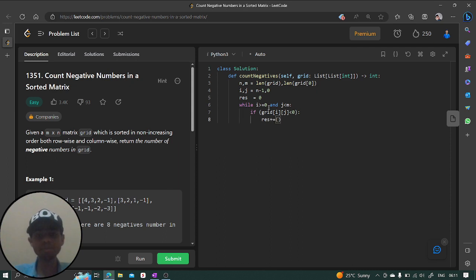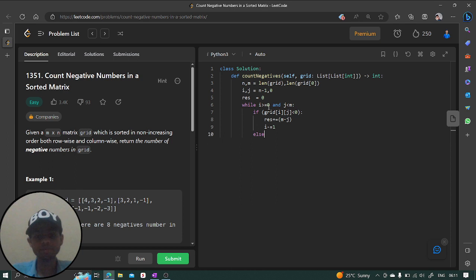So result plus equal to m minus j, and this tells us how many numbers are present next to it, including that one. After that we move up, so I minus equal to 1, else we just move ahead, so j plus equal to 1. We return the result at the end once this condition breaks.